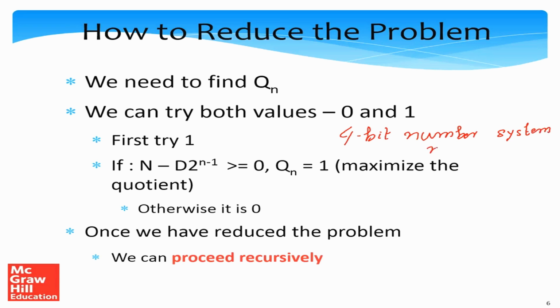So in this case, n, the number of bits in the number system, is equal to 4. Let me try to divide 13 by 3.